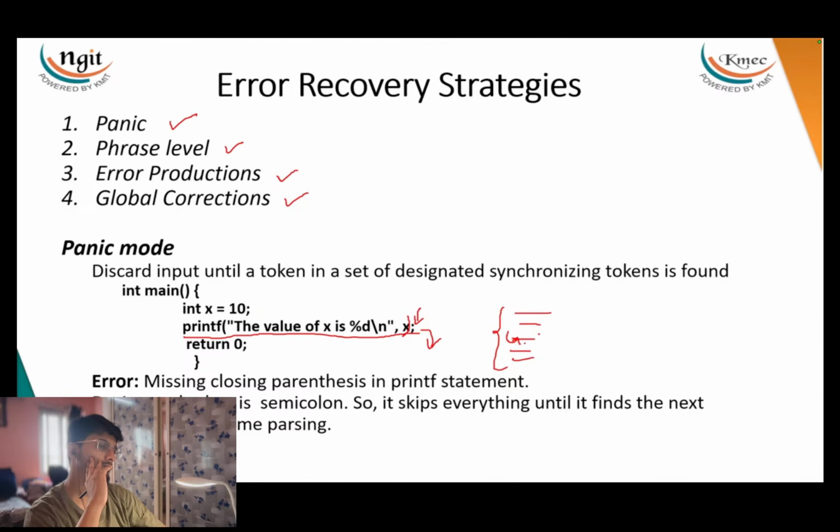The professor should not just report that there is an error and refuse to continue. He has to ignore until the next full stop and start his parsing again. That's how panic mode works.